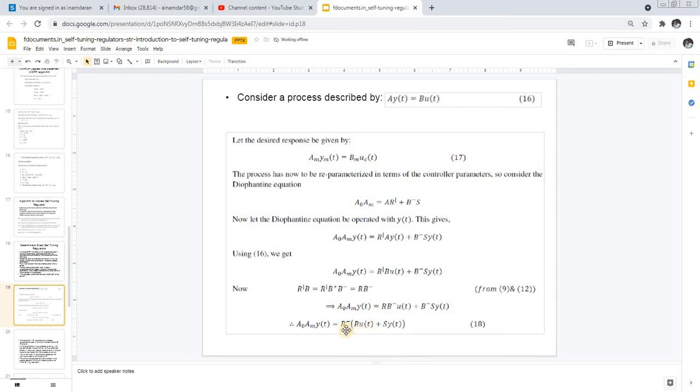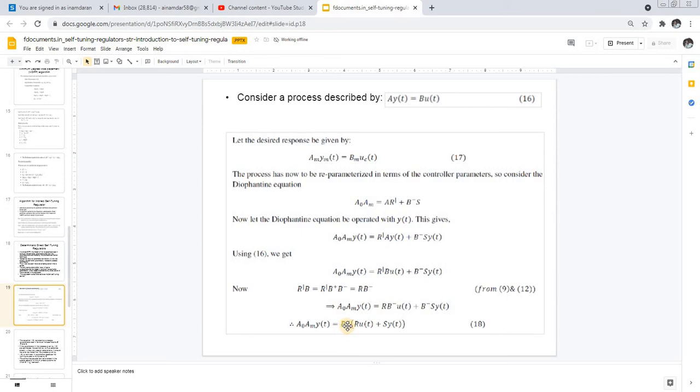Okay, and we can notice that the model in equation number 18 is non-linear in the parameters because the right-hand side is multiplied by B minus.